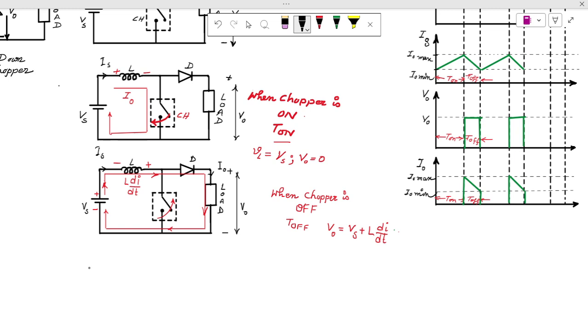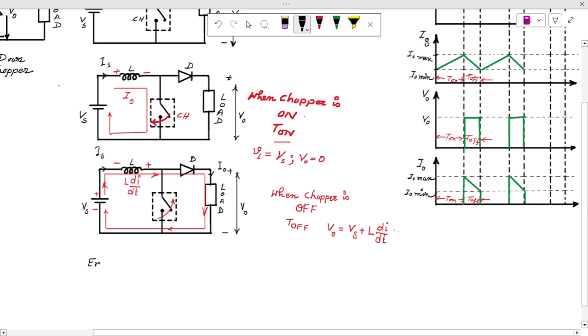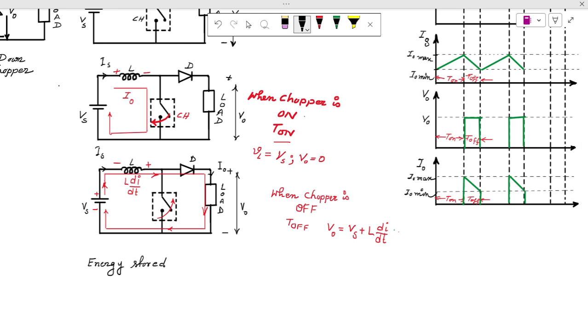So when the energy is stored in the inductor, here inductor means L, that will be defined as W in.